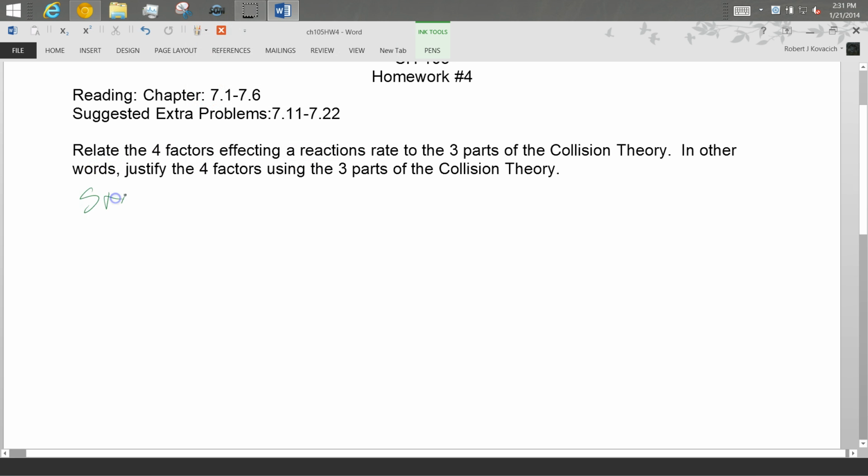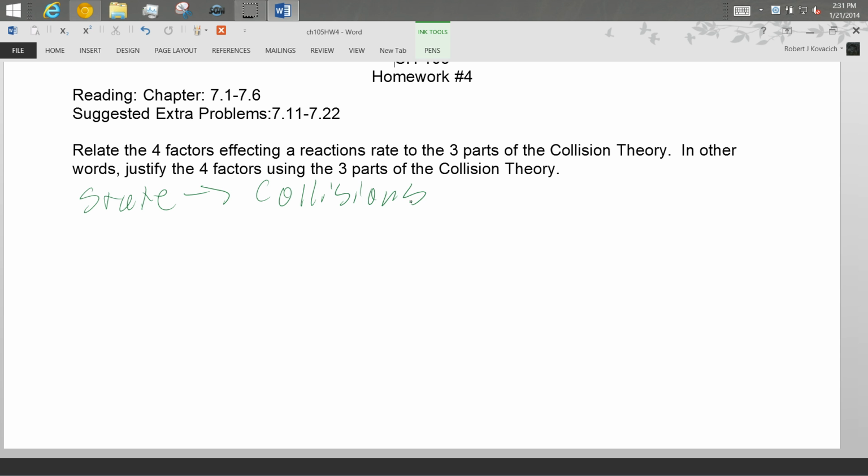So I've got state, and state equates to what? If they're in a liquid state or an aqueous state or a gaseous state, they're more likely to run into each other than if they're in a solid state. Plain and simple. The things inside of a solid can't hit each other. Only the surfaces can. And the next thing?